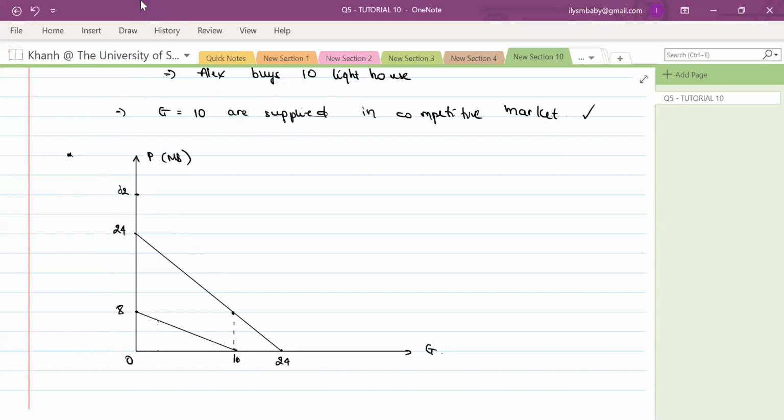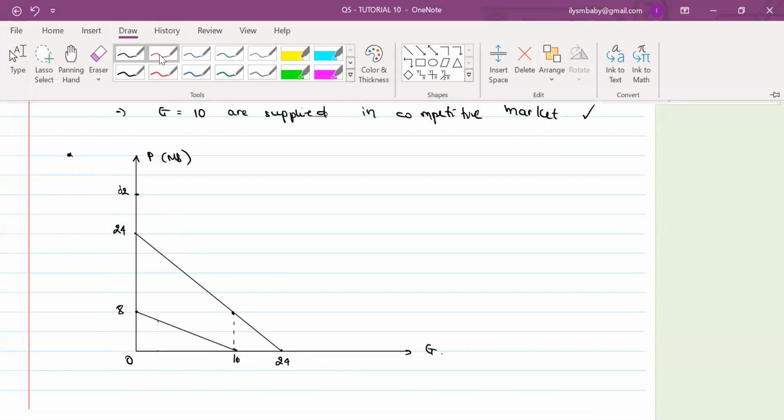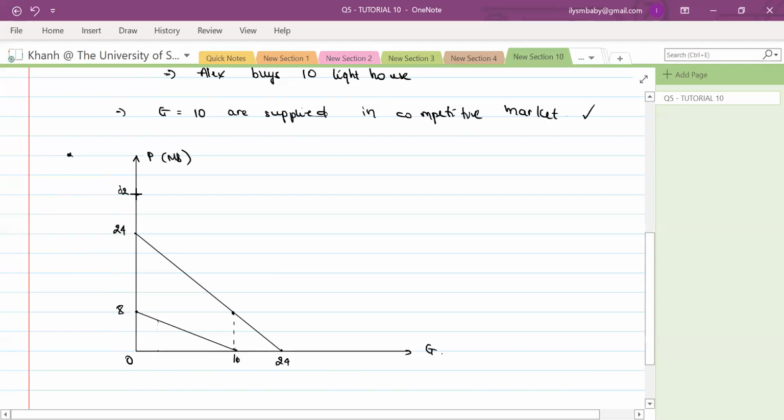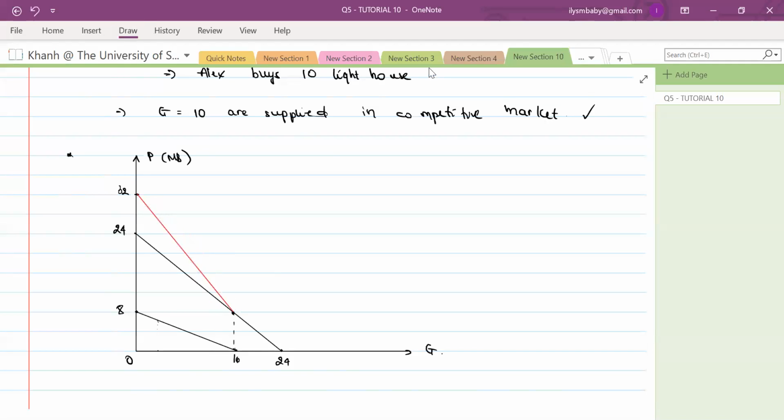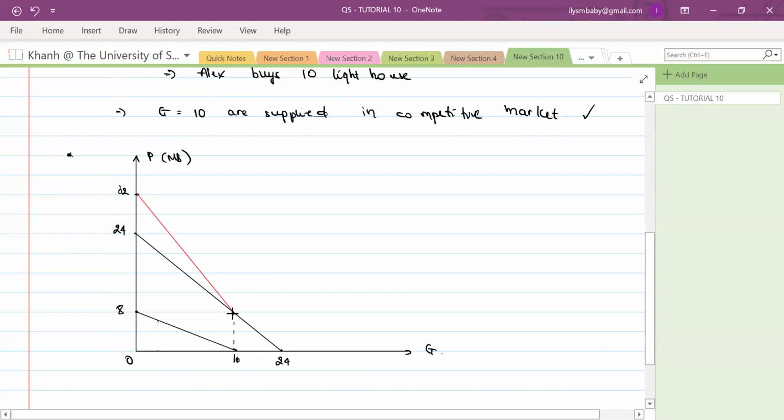I'm going to use a red line to indicate the aggregate demand, or the aggregate marginal benefit, for the society. That is from here to here. Then for any quantity from 16 to 24, it's just the same line as the demand curve for Alex.